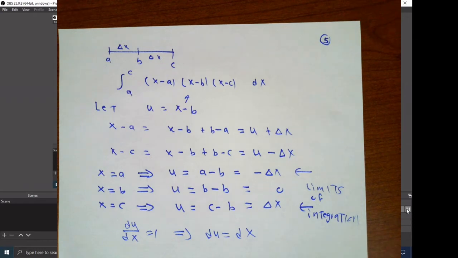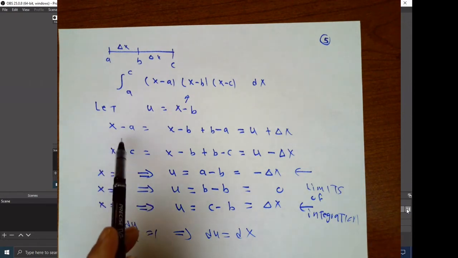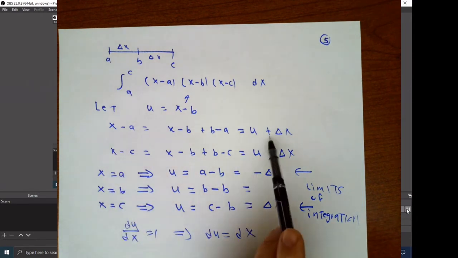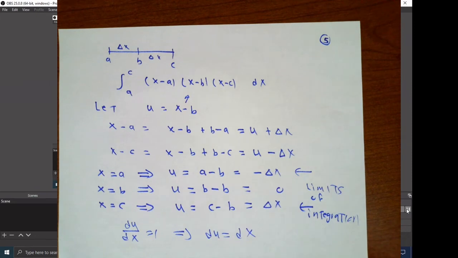Let's look at the integral involved in this new improvement. The integral from a to c, x minus a, x minus b, x minus c. We are integrating a cubic polynomial. It will be convenient for us to change variables. I'm going to let u equal x minus b, from which expressions for x minus a and x minus c can easily be found.